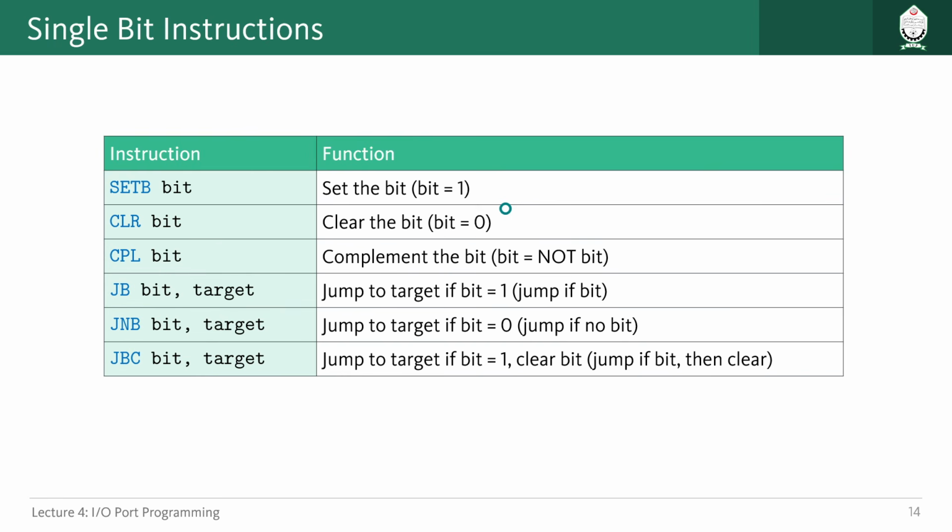Now, one of the most powerful functionalities of the 8051 microcontroller is that we can control each of the bits separately. For all of the ports we have, each of the pins can be controlled separately.